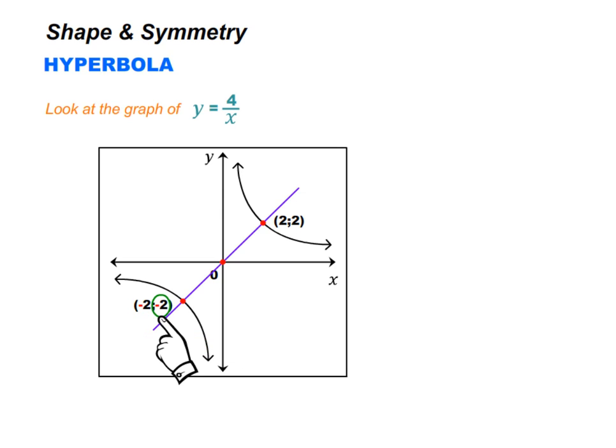This second -2 is our y-coordinate. At this other point, x and y are equal. So we can say this point and this other point lie on a straight line y is equal to x.